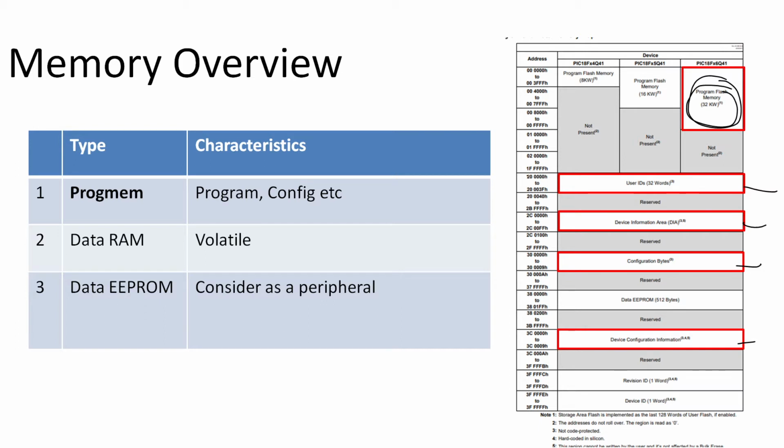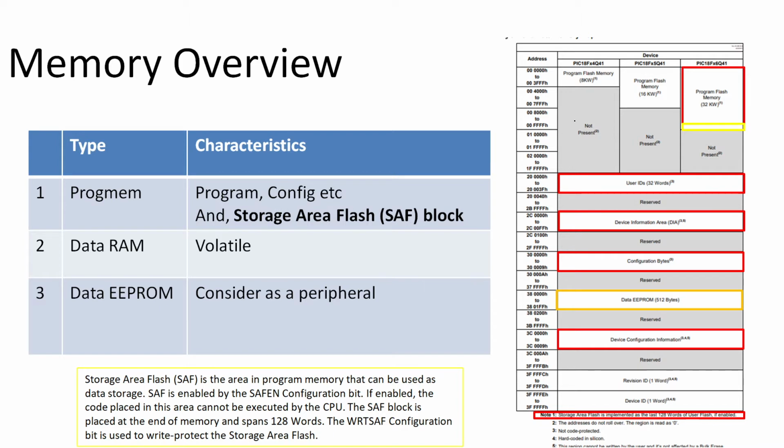Okay, we're going to use the self-write capabilities of this chip to save some data. Well, if you actually look at the data sheet very carefully, you will see in this area here, open brackets 1, close brackets. And that area is 128 words of SAF, or storage area flash.